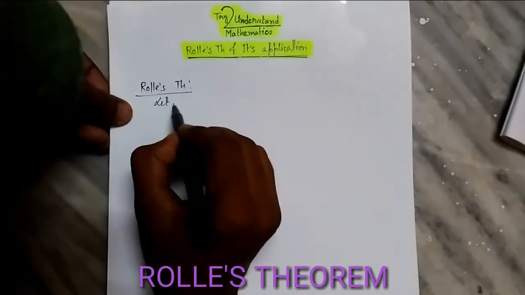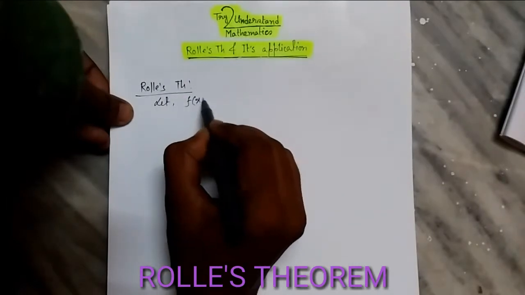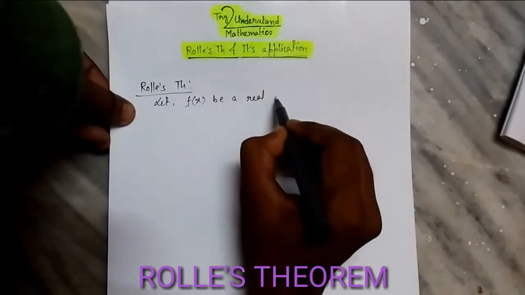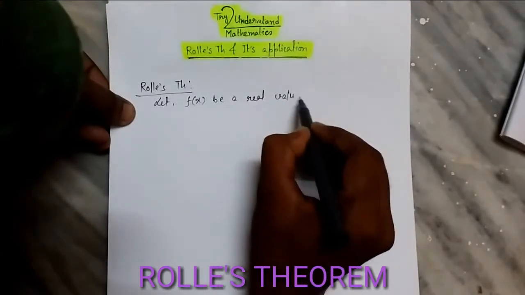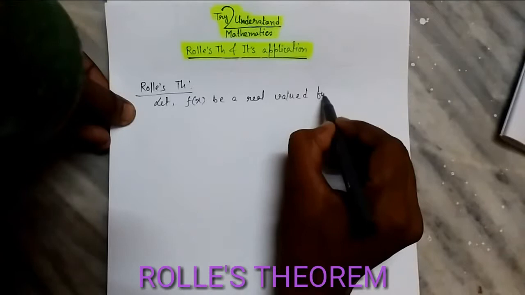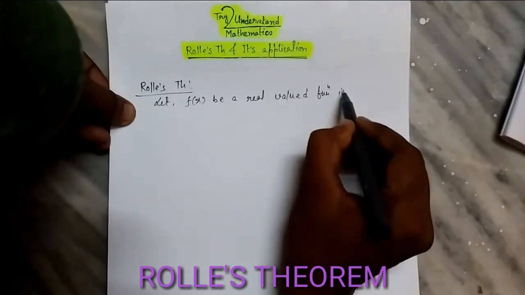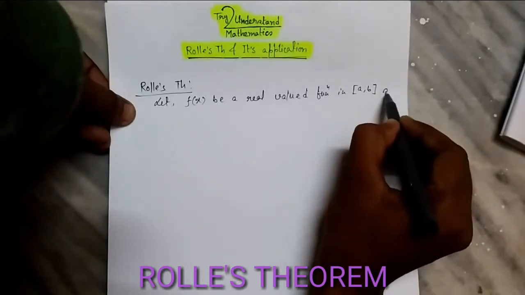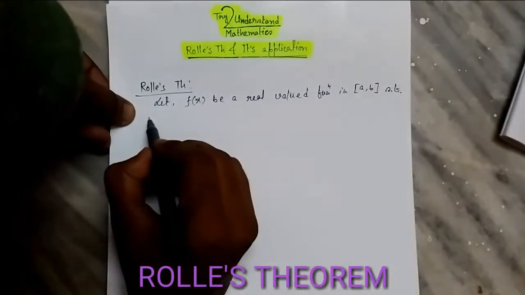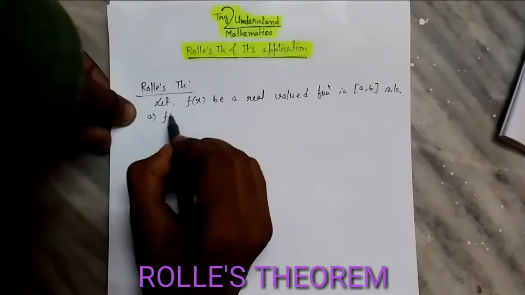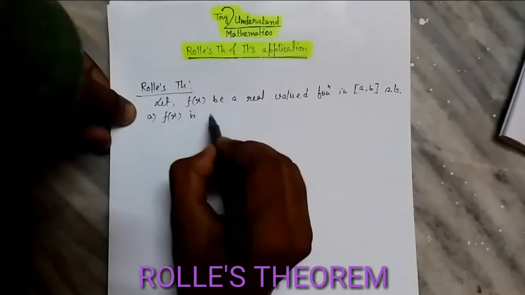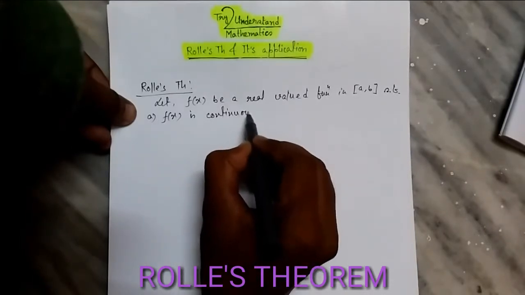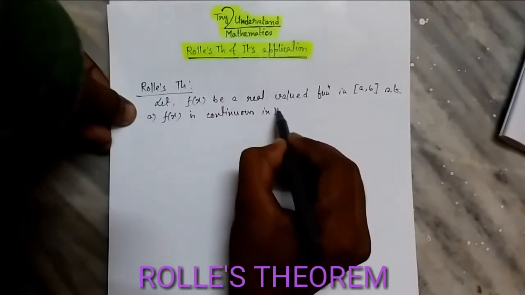Let f of x be a real valued function in the closed interval ab such that the first condition is f of x is continuous in the closed interval ab.